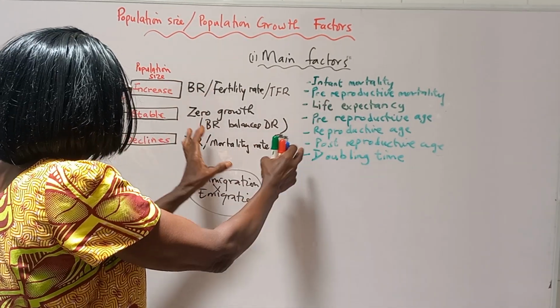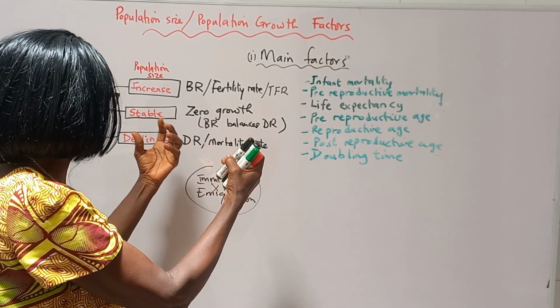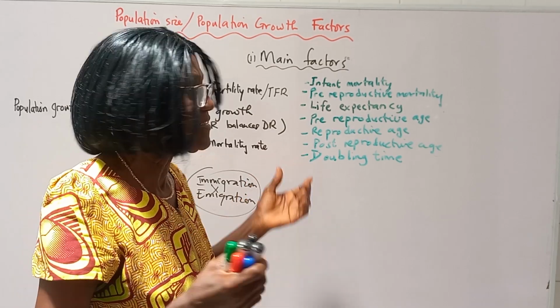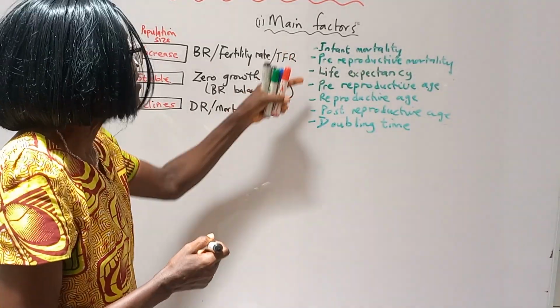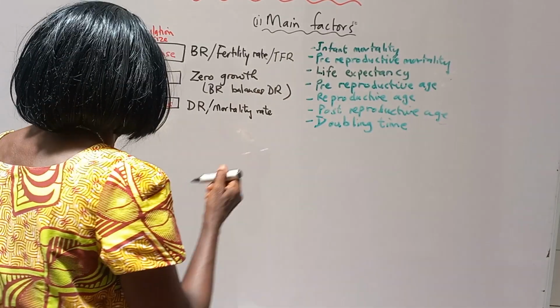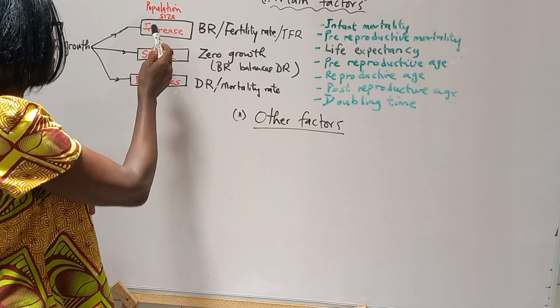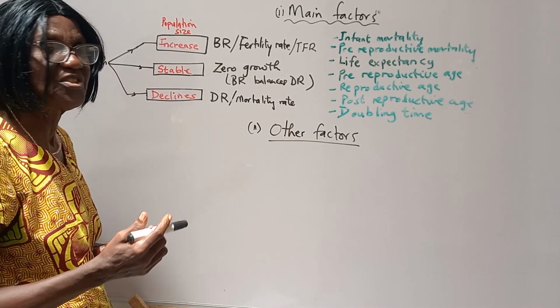Now, all these terms, factors, and how they affect the population growth, we are going to discuss in detail in our next lesson. But these are the main factors, and there are other factors that go in to increase or decrease population sizes and population growth.